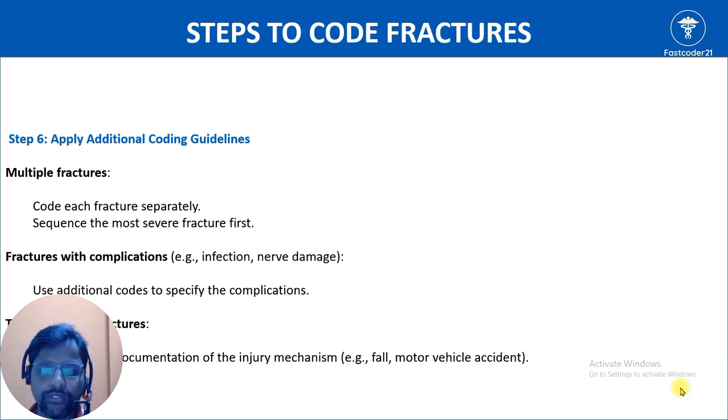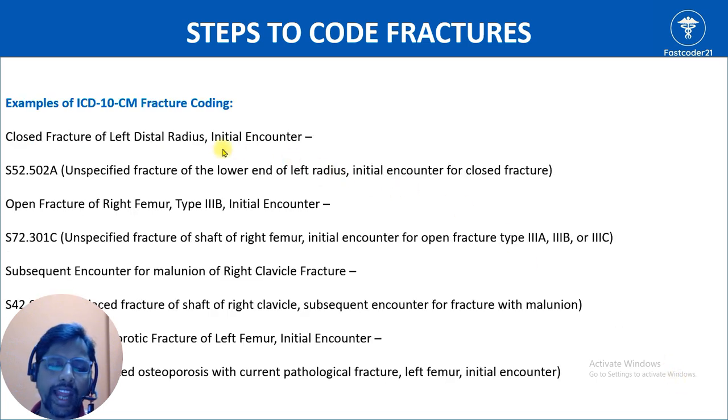And also, most of the time for traumatic fractures, you need to use external cause codes like fall, motor vehicle accident, etc. Here we have a few examples related to fracture. If you want to practice this, you can practice using these example scenarios.